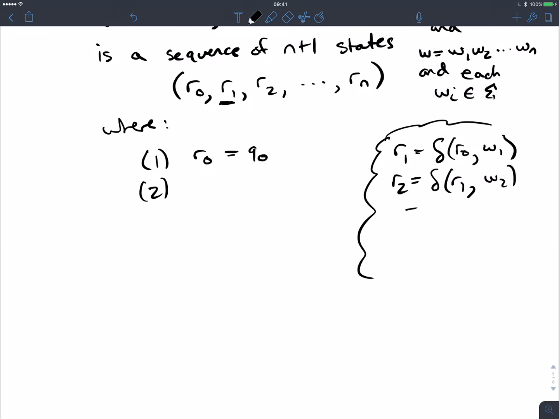Let's generalize. How do I get R sub i in general? I only need to know R of i minus 1 with Wi. Good. So we can fulfill our second condition now, where R sub i equals delta of R sub i minus 1, Wi.